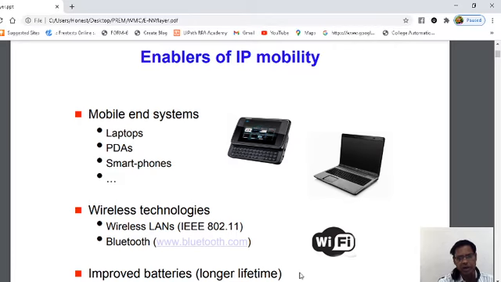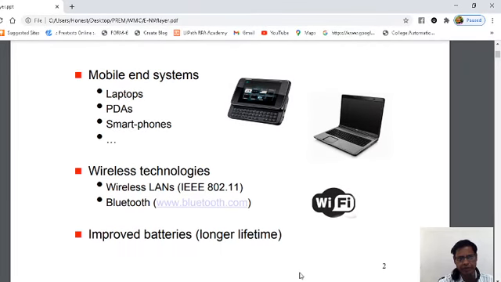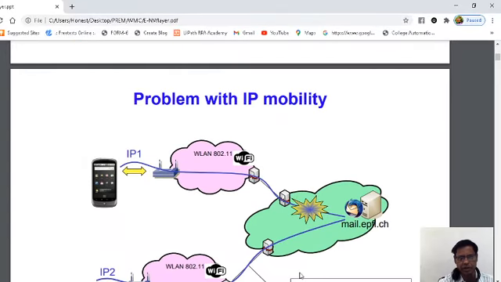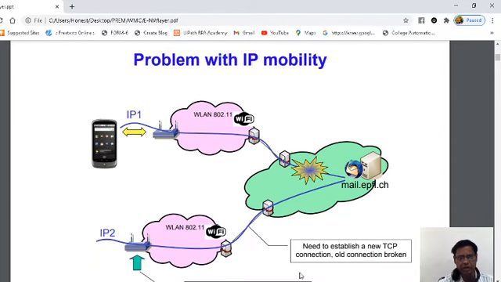This diagram explains how the mobile communication system works in the market.